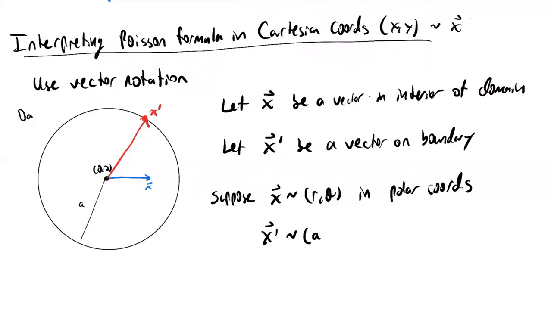So the radius is fixed to be a, and let me use the angle phi to denote x prime. If we look in this picture, and this is one of the axes here, the angle phi would be this angle here for x prime. For this particular picture, theta is the angle that the vector x makes with the horizontal axis, so let's say that it's equal to 0, just for simplicity.